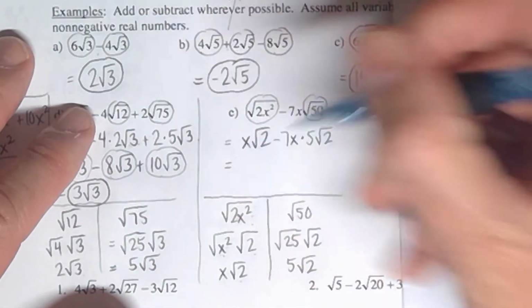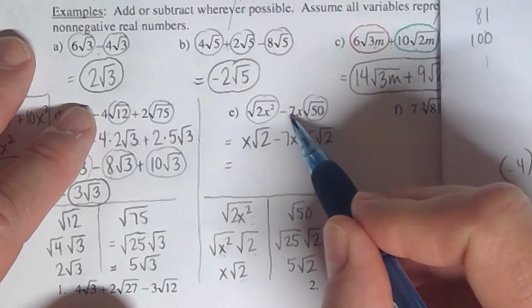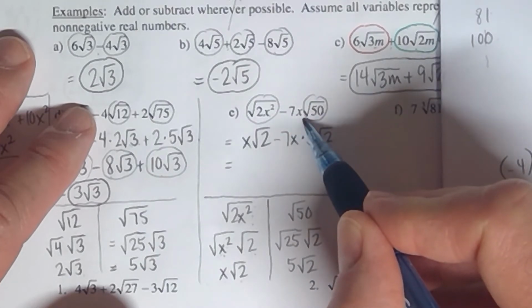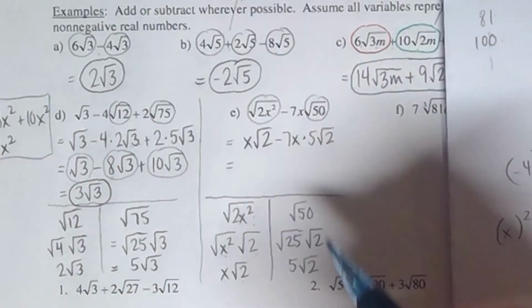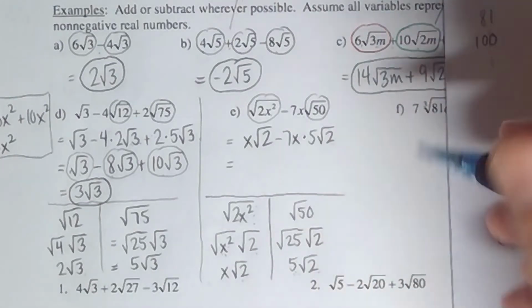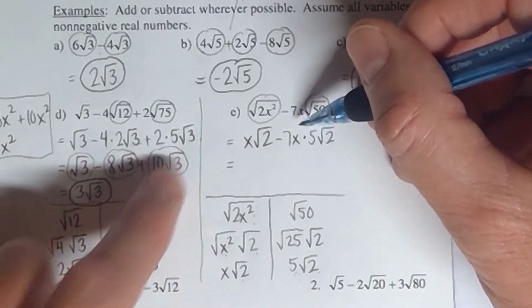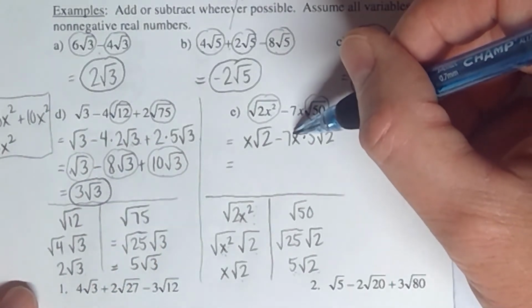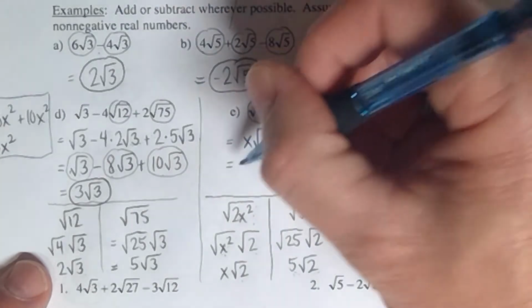And then just like in the last problem, if you have a term that's being multiplied by the radical on the outside in the original problem, and then that radical changes so that it becomes a new outside part, 5 times a new radical, it has 2 parts now, the outside part and the inside part. You need to multiply just like we do with the minus 4 and the 2 and the 5. You got to multiply the old outside part, negative 7x, times the new outside part, 5.